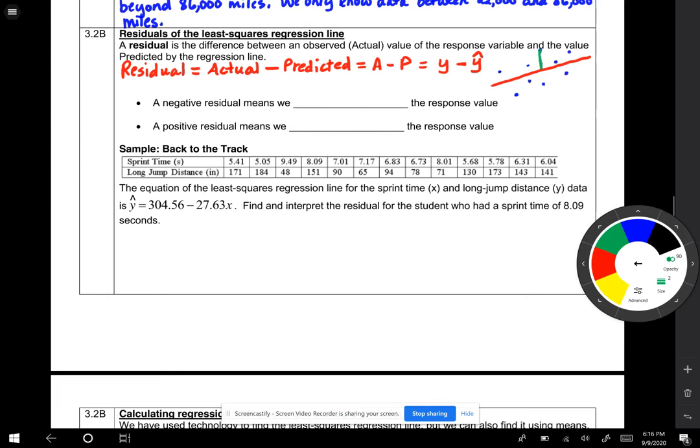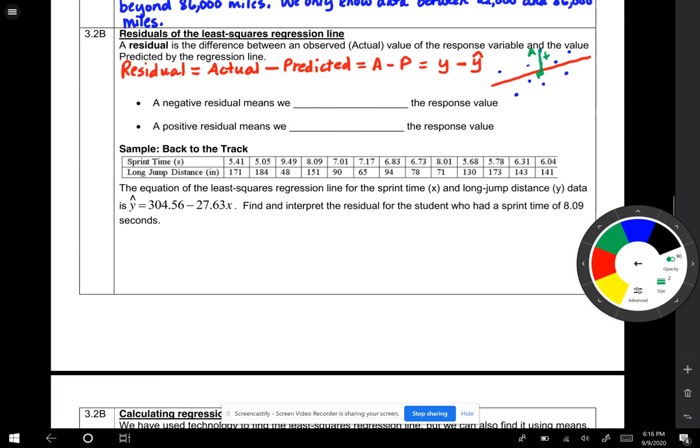And when the actual value is above the trend line, you have a positive residual. That makes sense because if this is A and this point right here is P, then if you have a number like 30 and 30 minus 20, that's going to be 10.